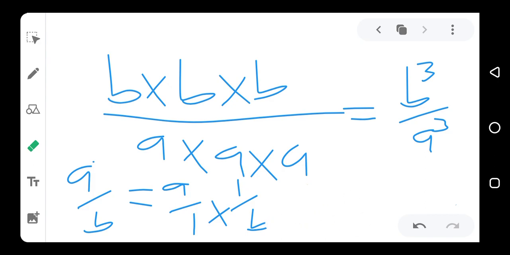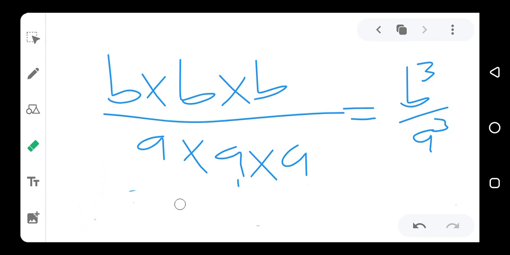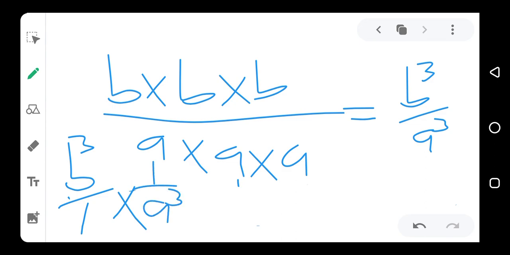So here now, we have b raised to power 3 divided by a raised to power 3. So we now say the one on top, which is b raised to power 3 divided by 1. Then we separate it with multiplication, and say 1 over the one below, 1 over a raised to power 3.